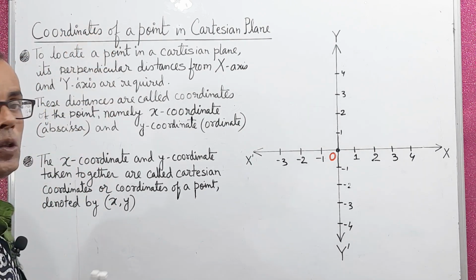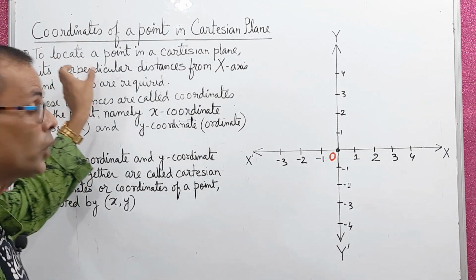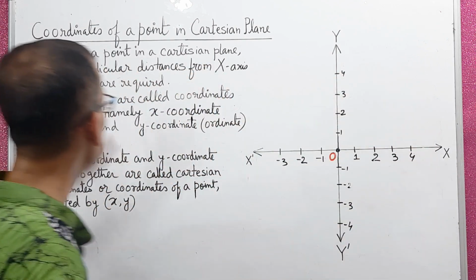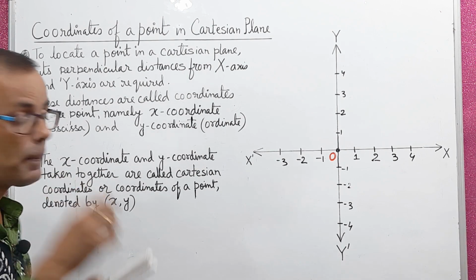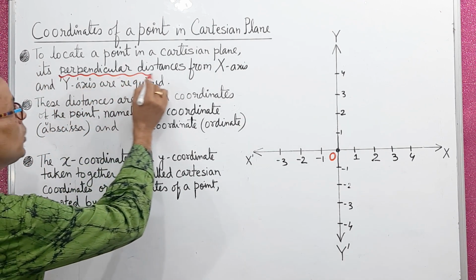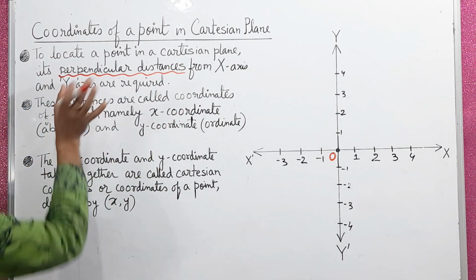To find out the coordinates of a point, it is very important to locate any point in this Cartesian plane. We have to take the perpendicular distance from the x-axis as well as from the y-axis.